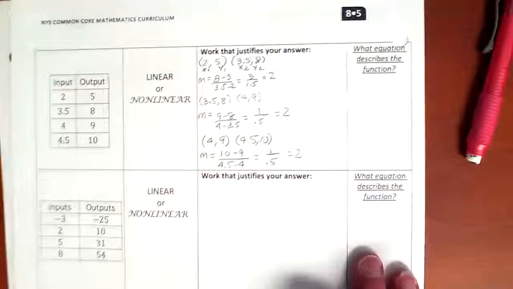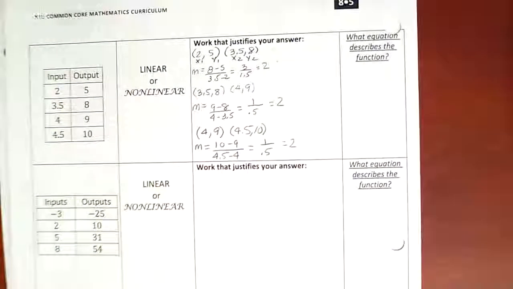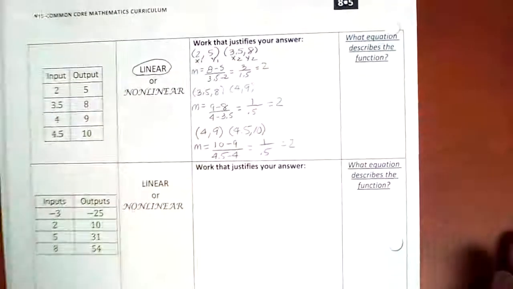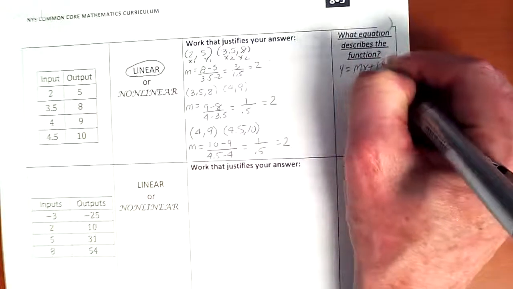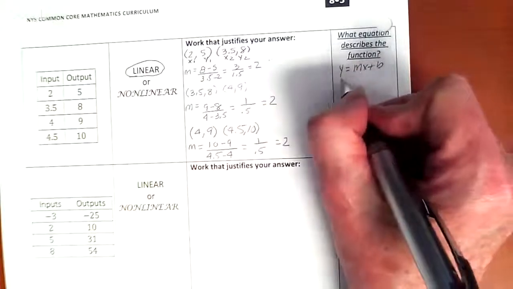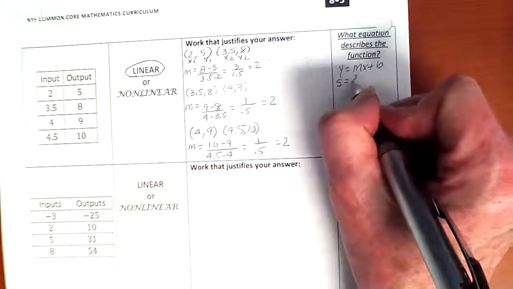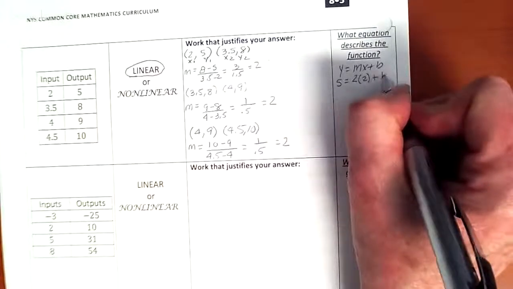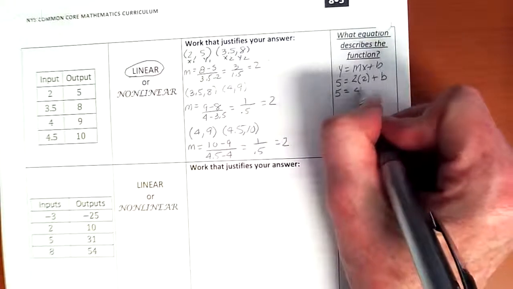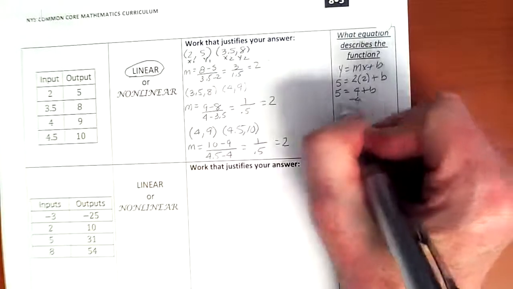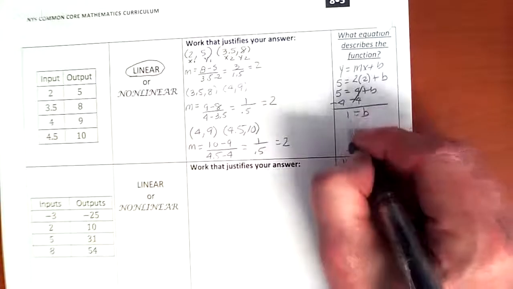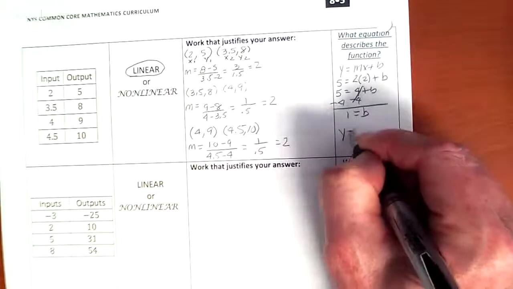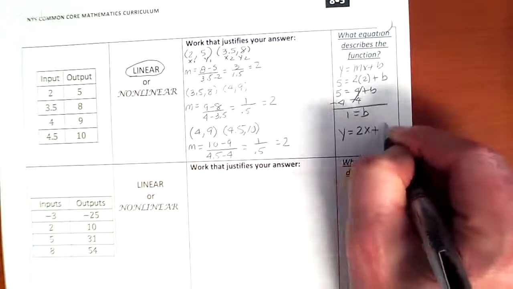So now we have to find our equation. We have a linear function, so y equals mx plus b. Let's put in (2, 5). So we've got 5 equals 2 times 2 plus b. So 5 equals 4 plus b. Subtract 4 from both sides. So b equals 1. So our equation is y equals 2x plus 1.